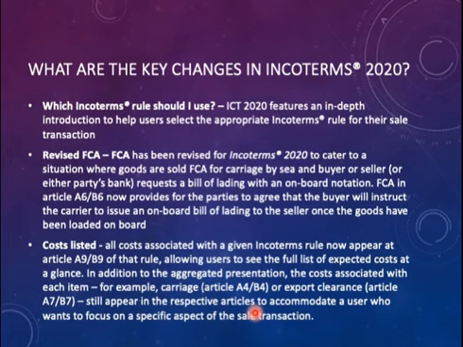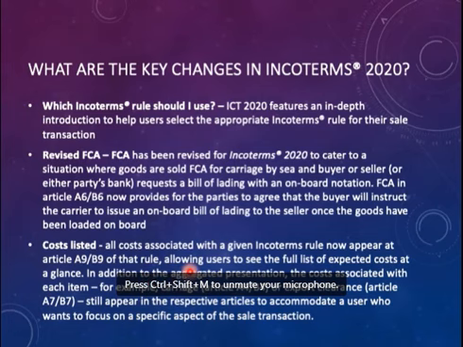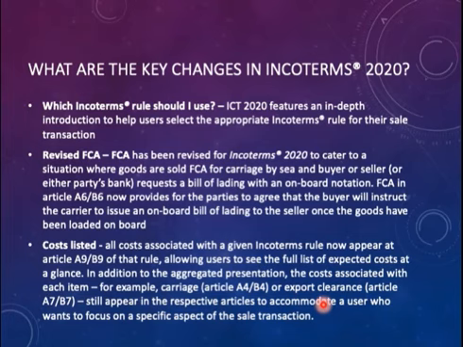So Articles A9 and B9 will provide the full list of expected costs, but for the other articles, there are also the respective costs. For example, the article for export clearance will provide the information on the party who will bear the cost for the export clearance.